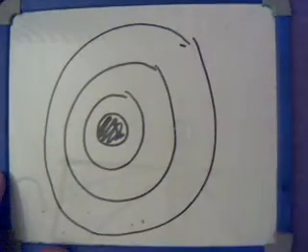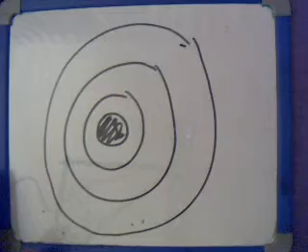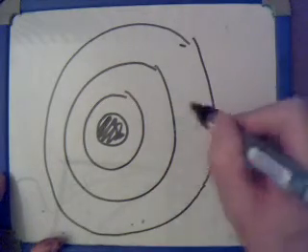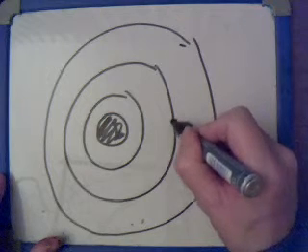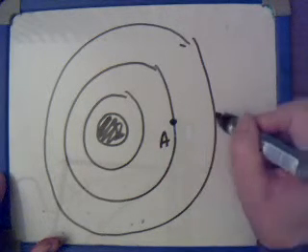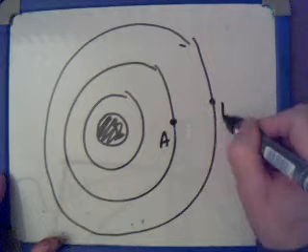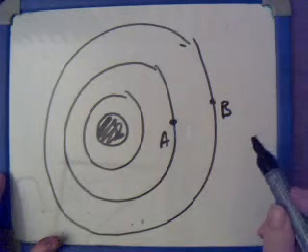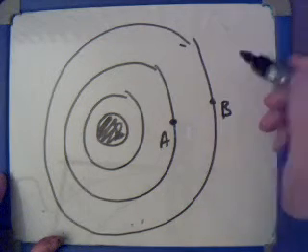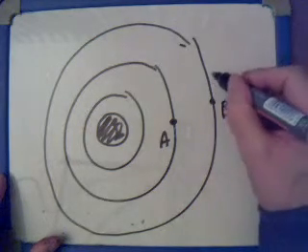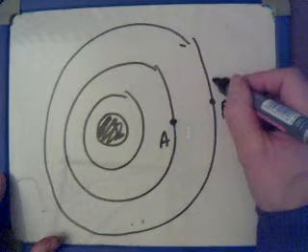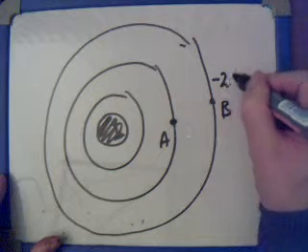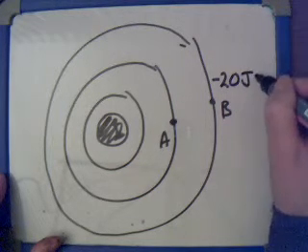They're meant to be equal around there, I'm a bit squashed. If we take a point here on that equipotential, A, and a point here, B, let's say that the potential at B is minus 20 joules per kilogram.